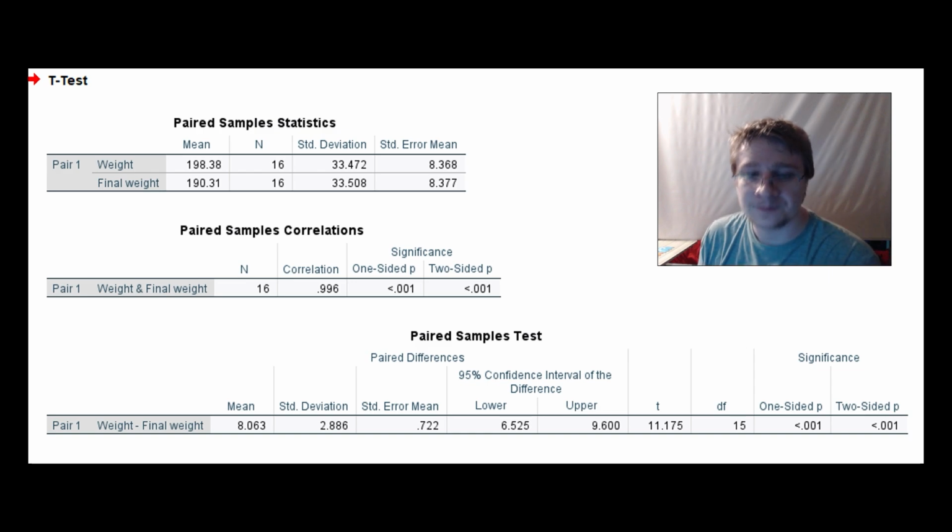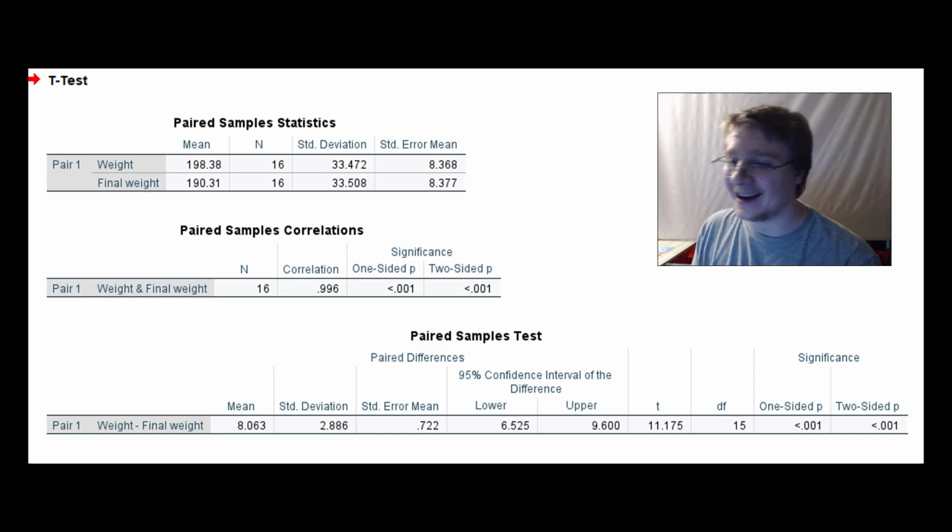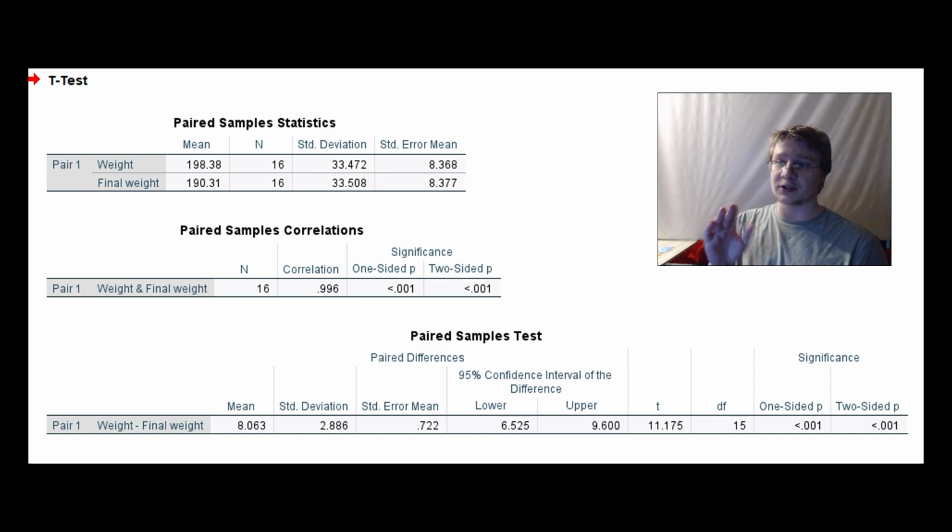And then we look down there. We see it again. So the correlation coefficient here measures the strength and direction between the two variables, before and after.